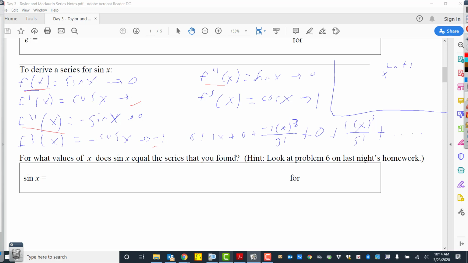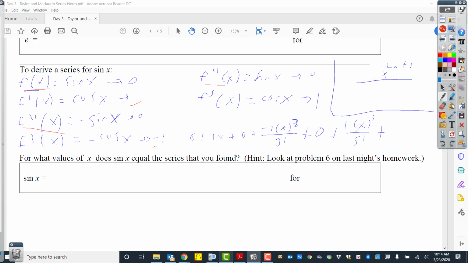That'll be the third one, sorry. And then we're going to do the odd factorials as well. So 2n plus 1 factorial. So that's 1 factorial here, then 3 factorial, 5 factorial.